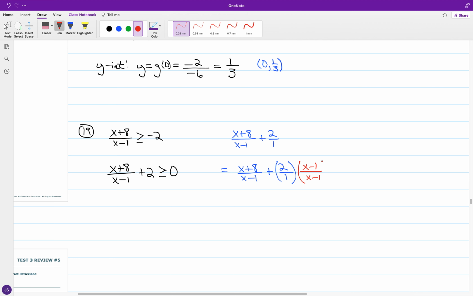So we still have x plus 8 over x minus 1. We have addition, and then we have 2 distributed over x minus 1, so we have 2x minus 2, also over x minus 1. So you have the same denominator, and I can just combine the numerators and get the final sum in the numerator.